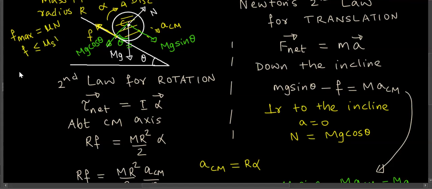Now in this case, what do we have? We have mg sine theta by 3 as the friction force. And then that should be smaller than mu s times the normal force that we obtained, mg cos theta. Now from here, if you see this inequality, m disappears, and then we simply get mu s as greater than or equal to tan theta by 3.